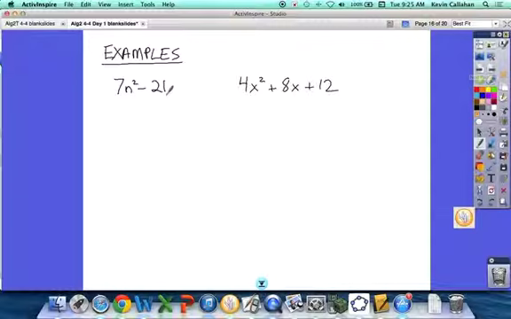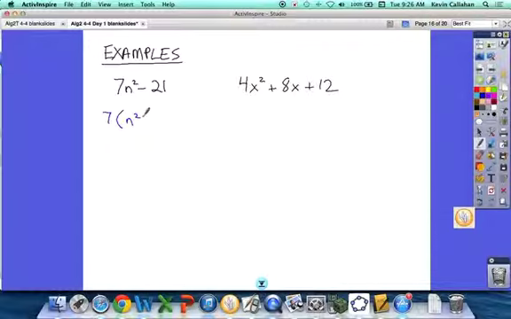Look at this expression here. What would you say is the greatest common factor between the 7n squared term and the 21? 7. Looks like 7, right? So that means you're going to take a 7 outside parentheses. And then what does it do to the first term if you take away the 7? It's just n squared. Right? If you take 7n squared divided by 7, it's just n squared.